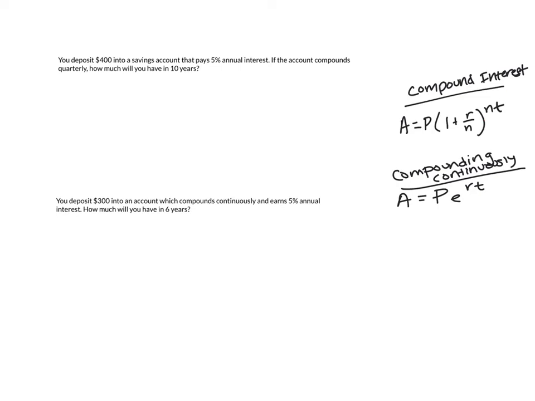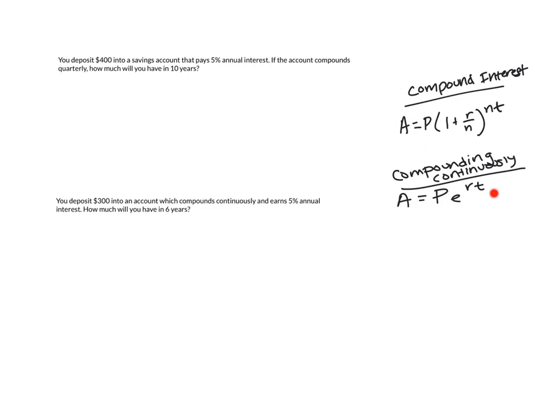You're going to use that one when you have interest that is compounding a discrete number of times per year. For example, if it said it's compounding once per year or twice per year, or it's compounding monthly, so it's compounding 12 times per year, or even if it's compounding daily, so 365 times per year. Those are all a discrete number of times that you are compounding that interest.